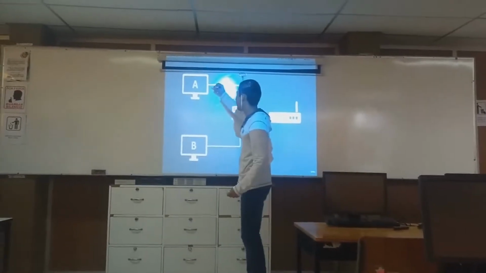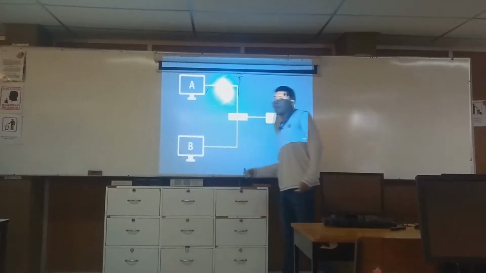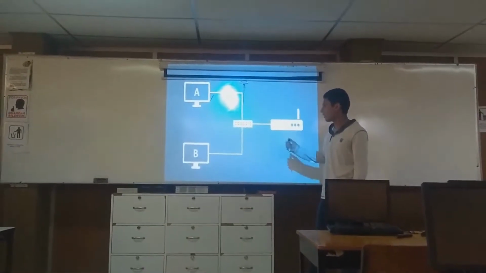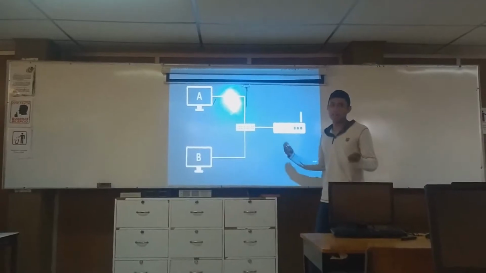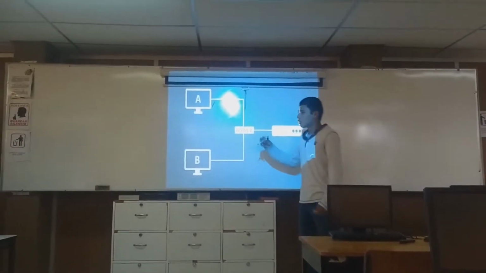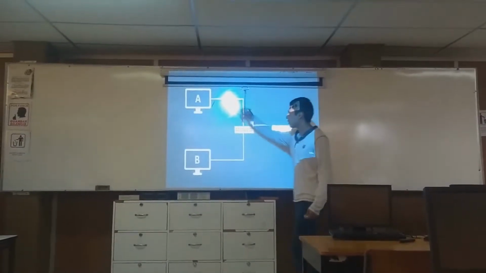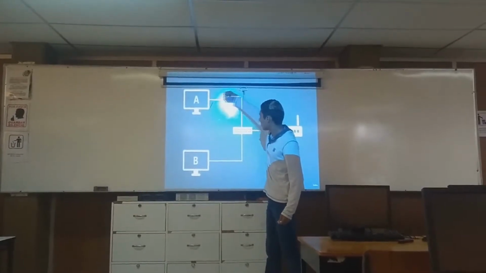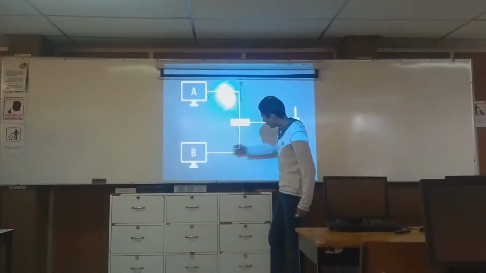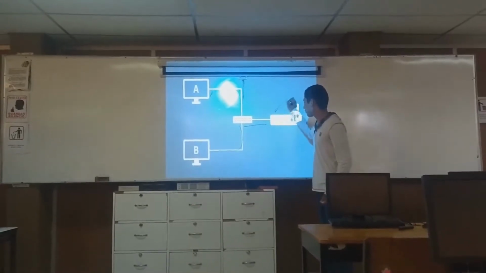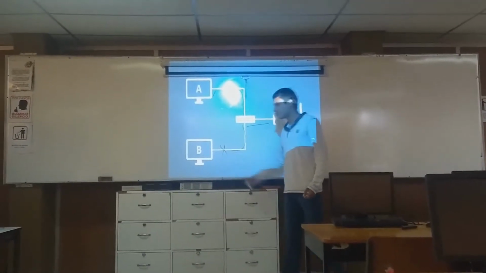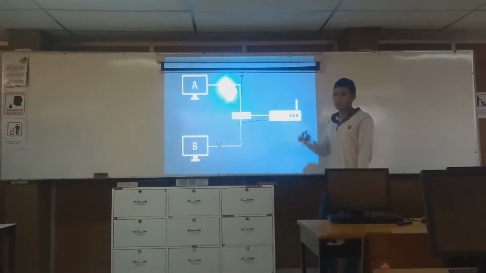Also on this PC, we have a DHCP client installed. When it begins, it asks for an IP address, starting as a broadcast. The request goes this way, but it's only read by the router. First of all, it's a broadcast.